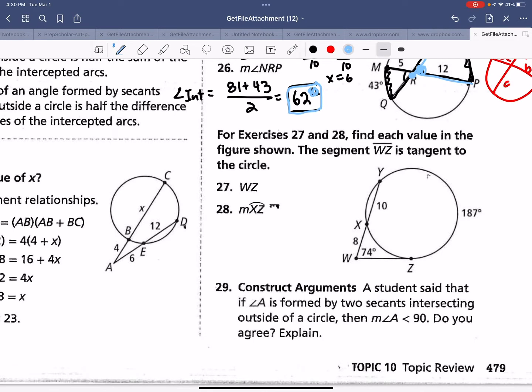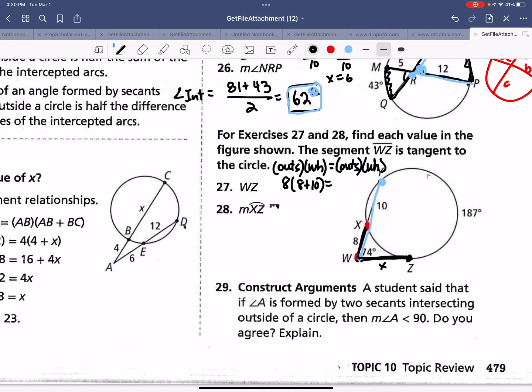It says solve for WZ. Okay, I'll call that X. And we know this is 8, and we know this is 8 plus 10, or 18. Okay, so those are the pieces we need. So to solve for WZ, we say the outside times the whole thing has to equal the outside times the whole thing. So the part on the outside is 8. The whole thing is 8 plus 10.